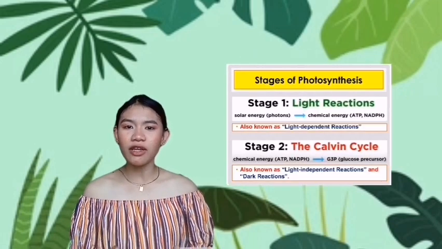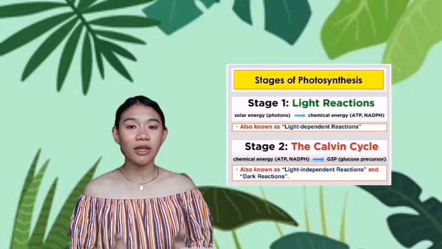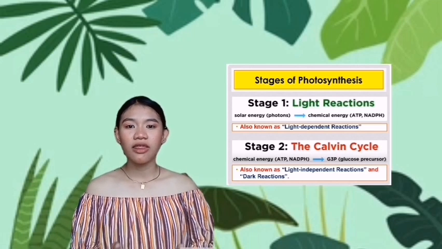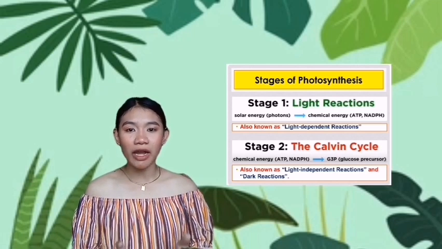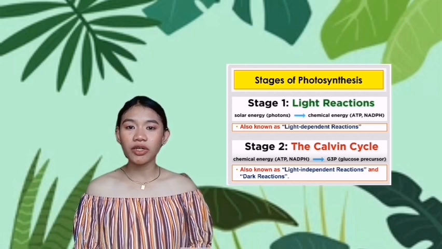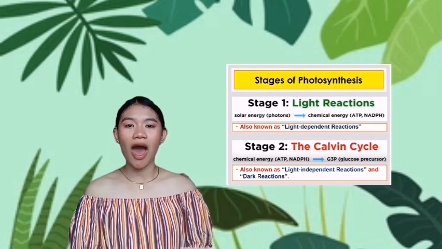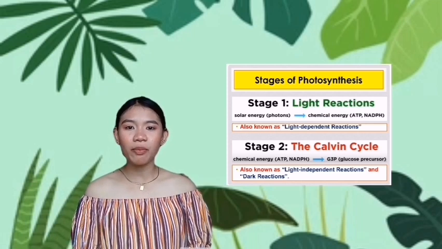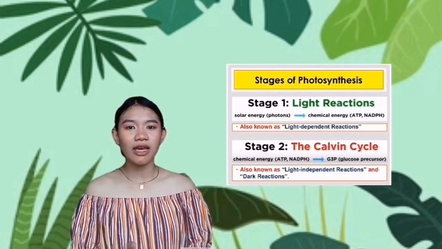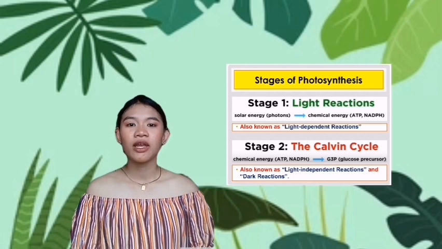Therefore, even though light is not a reactant in the light-independent reactions, they still need the byproduct of the light-dependent reactions in order to work. However, light also activates a number of enzymes involved in the light-independent processes.